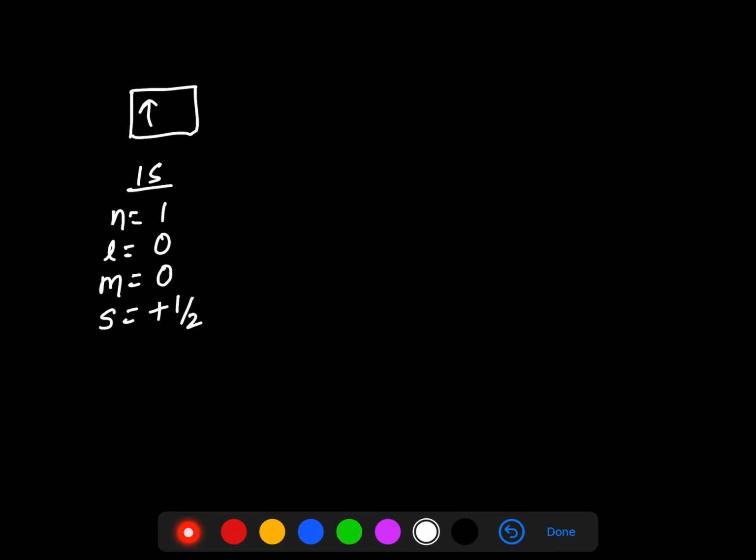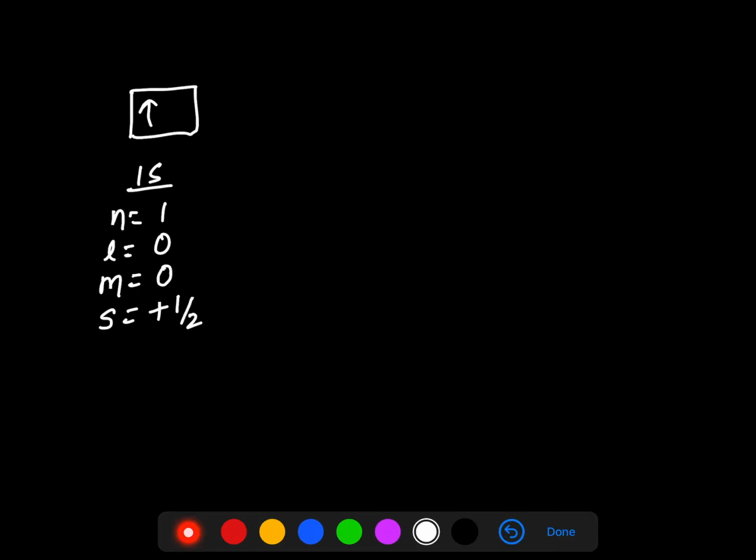Right. Now, first thing is that if I write 1s over here, what will be the set of quantum numbers for 1s? Suppose there is this electron with a clockwise spin. So the value of n will be 1, the value of l will be 0, we know that. The value of m for the s subshell is just 0. Now s will be plus half.